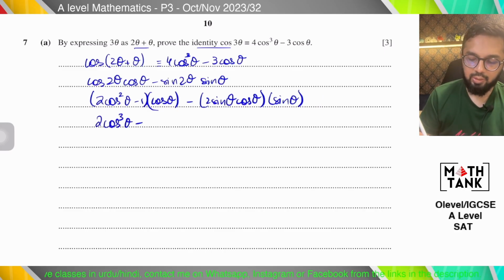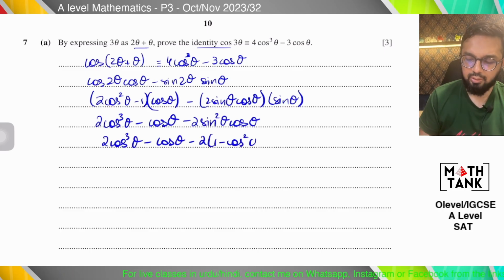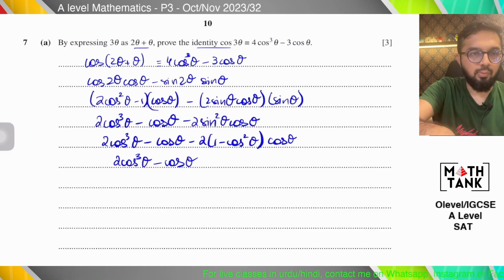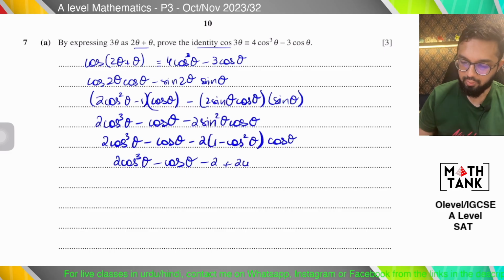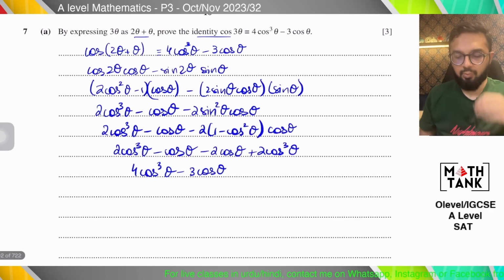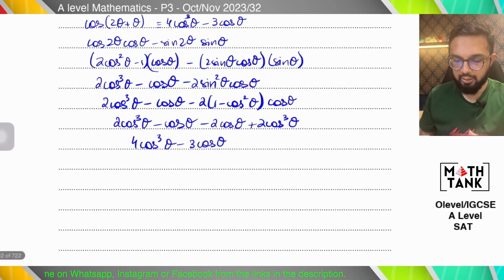Two cos cube theta minus cos theta, minus 2 sine square theta cos theta. 2 cos cube theta minus cos theta, minus 2 times 1 minus cos square theta into cos theta. That is proving that identity.